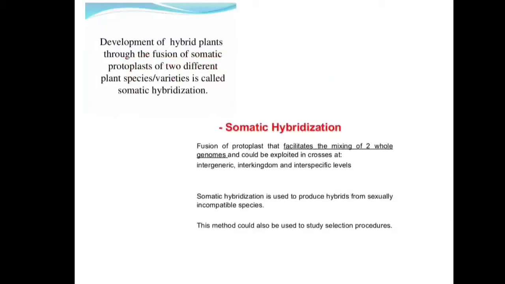The production of hybrid plants through the fusion of two different protoplasts is known as somatic hybridization. The hybrids formed from somatic hybridization are known as somatic hybrids.